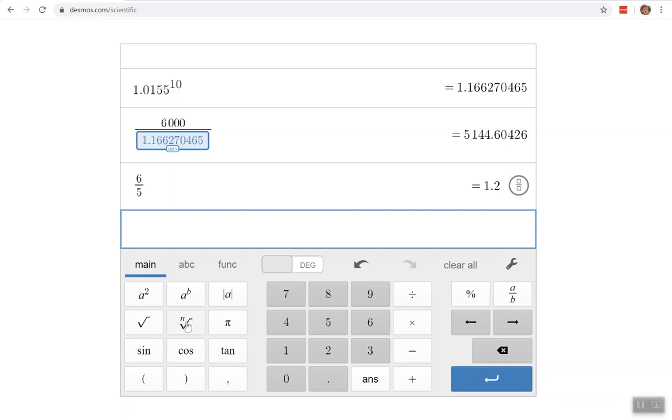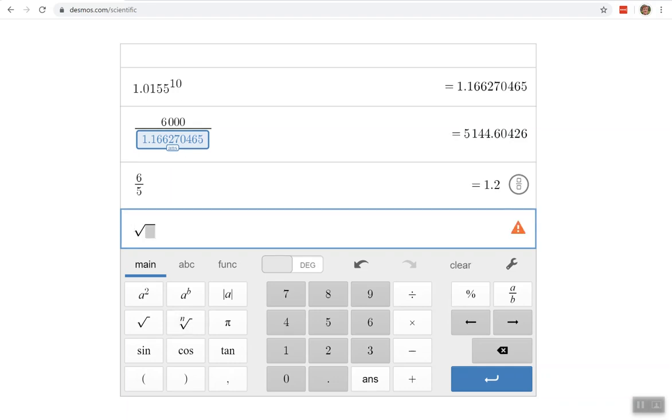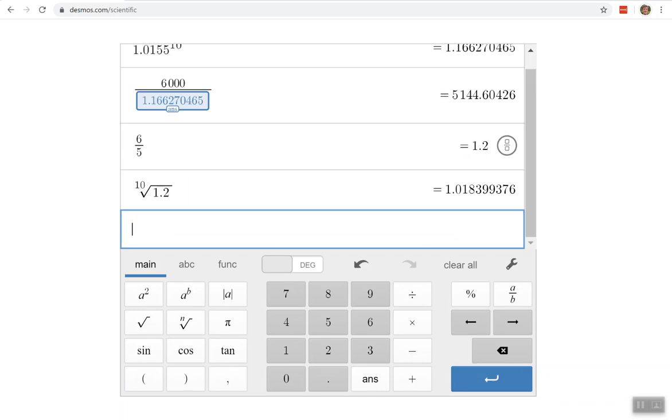I have a button here that says the nth root, and it gives me an opportunity to type in the 10 there. And then maybe I can just go like that and then type in 1.2. You might have to play with it a little bit on your calculator.